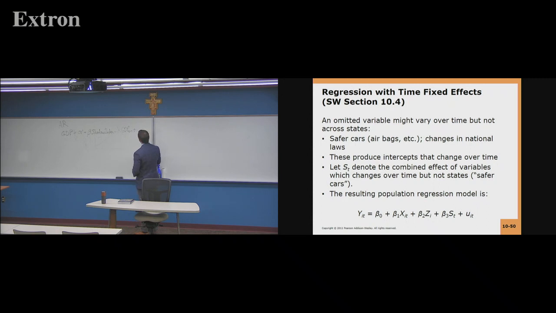It's another Greek letter. What else could have an impact on a country's GDP?